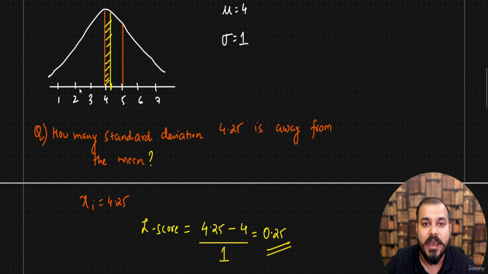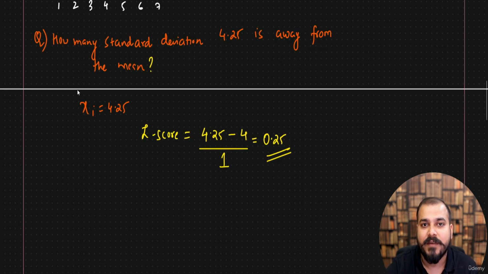Now similarly, if I ask how many standard deviations 2.5 is away from the mean, then I will replace 4.25 by 2.5: 2.5 minus 4 divided by 1. Then I will get minus 1.5. That basically says minus 1.5 away from the mean, and since it is in the negative direction, I'll be getting it over here, right? So let's say I take my x of i variable as 2.5.